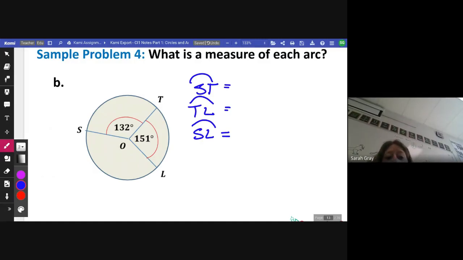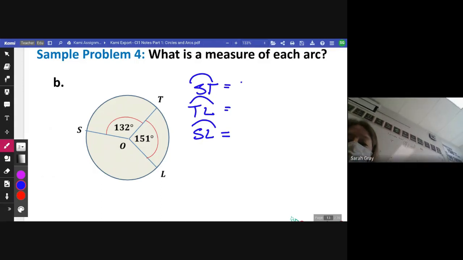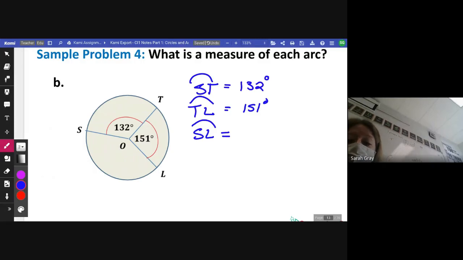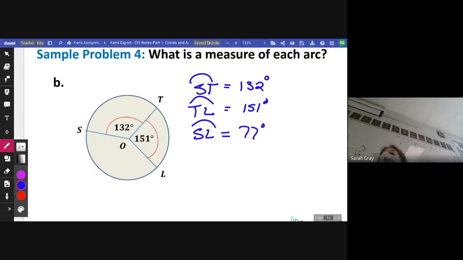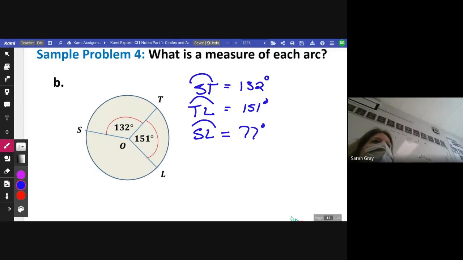SL would be the short way around. I got 132, 151, and 77.